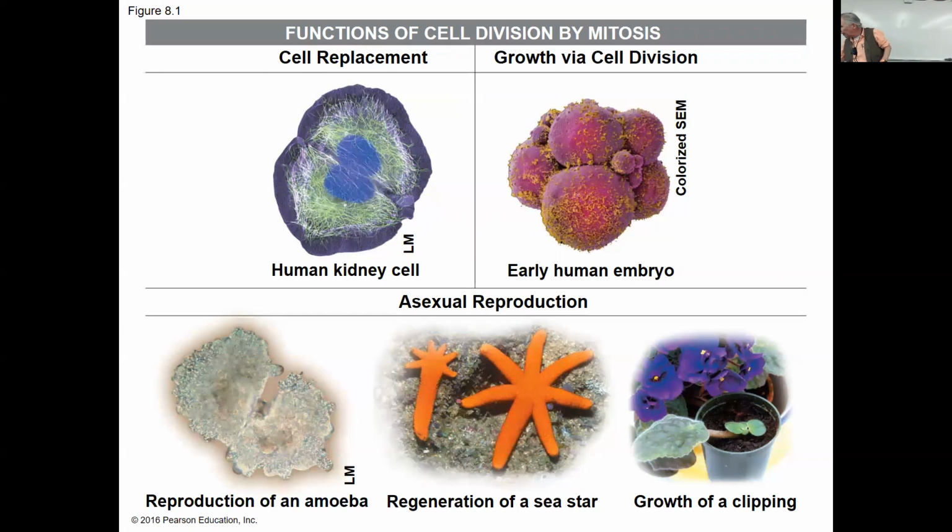Same thing with growth of a clipping. You can take some plants, break off a branch, stick that branch in the ground, that branch grows roots, and that branch becomes a whole other organism. So this is a form of fragmentation in plants, very similar to regeneration of a sea star.